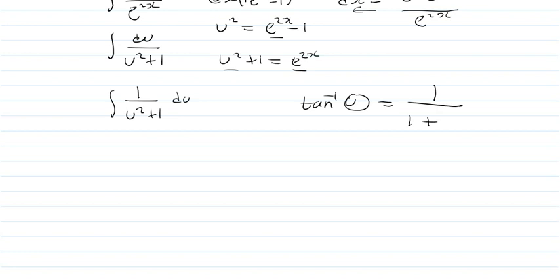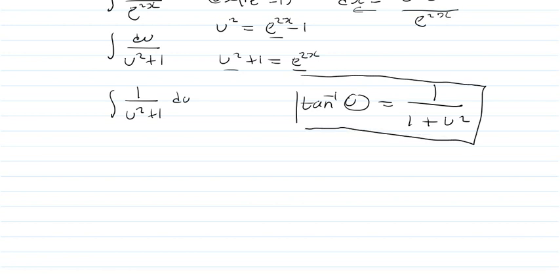This is the standard form for the differentiation of arctan. So since when you differentiate tan inverse of u you get 1 over 1 plus u squared, when you integrate this same function it is supposed to give you arctan u.